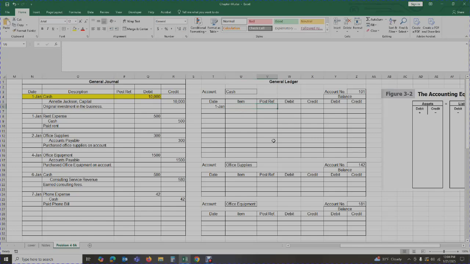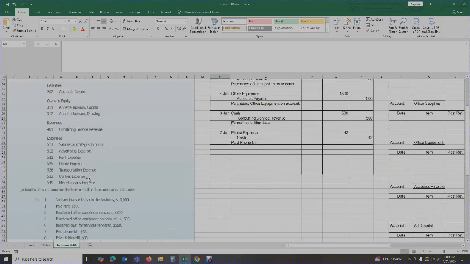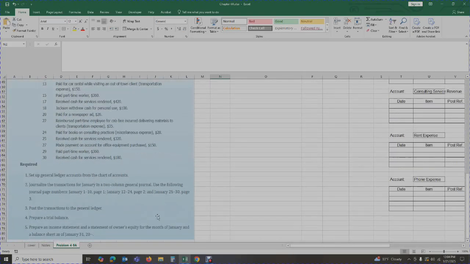Now the post reference. What is that? Well, remember we said we had 3 page numbers. These transactions fall under page 1. Remember the instructions? They said that they were broken down between transactions from January 1st through 10, page 1, from 12 to 24, page 2, and from January 25th through the 30th, page 3.